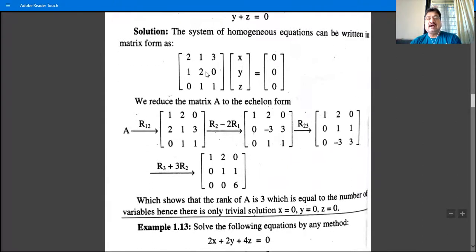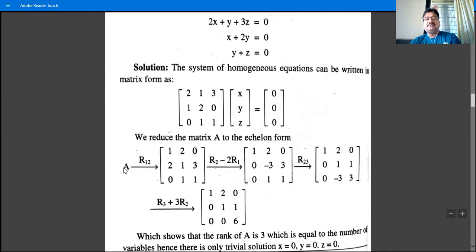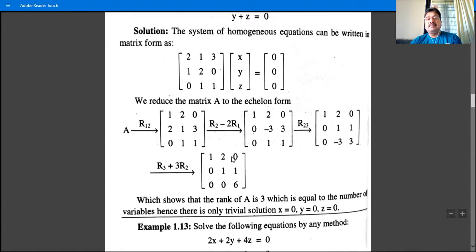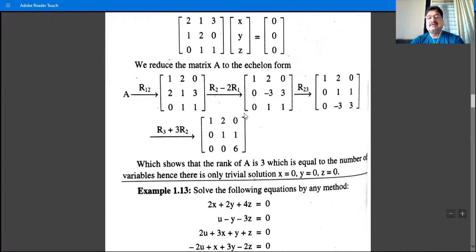Then consider the augmented matrix A0, or just A, in order to solve the homogeneous system. Consider the augmented matrix A0 with the last column as 0, 0, 0, or take A, and reduce the matrix to echelon form.